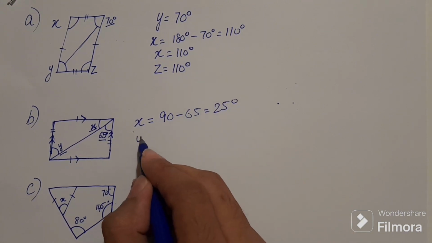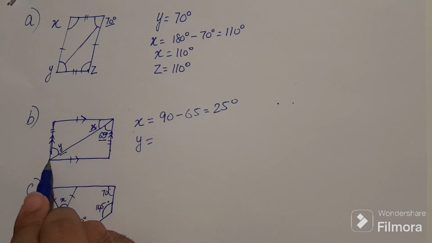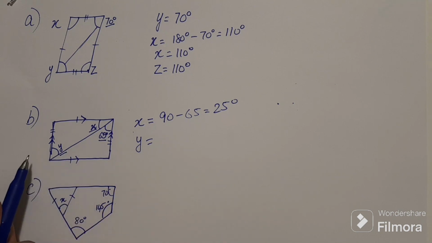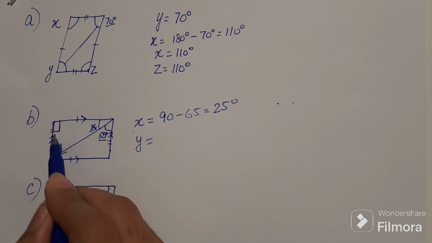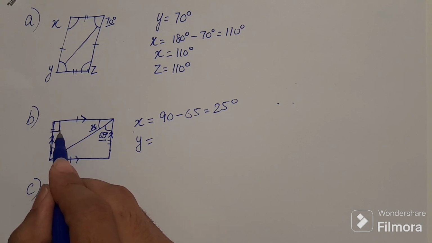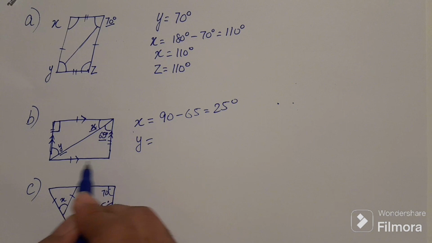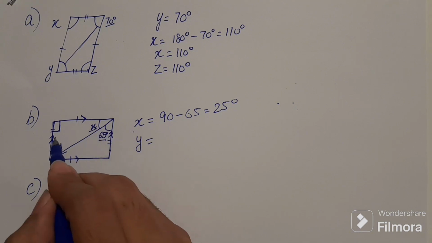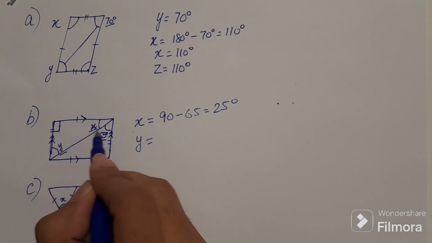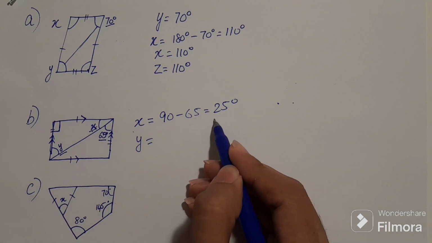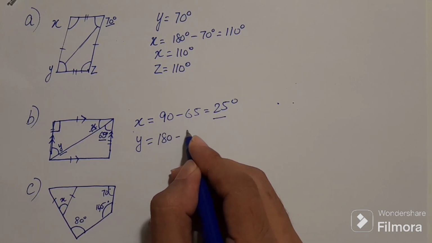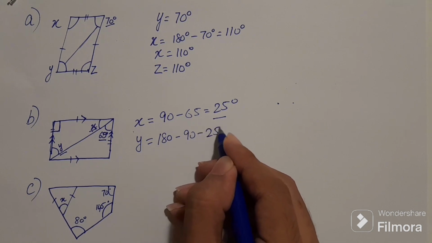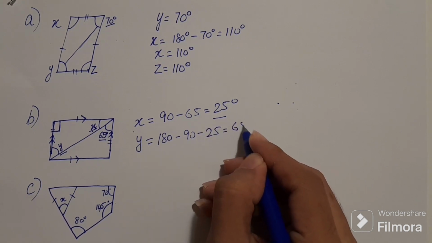Then the value of y we will calculate by subtracting 90, because this angle is 90, as in a rectangle all angles are the same, and the value of x, which is 25, from 180. So 180 minus 90 minus 25, which will be 65.